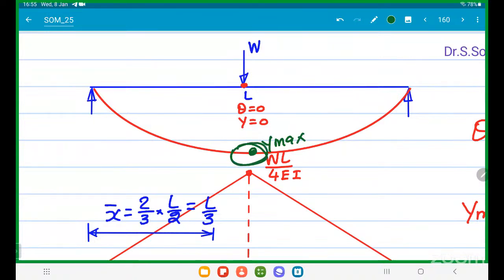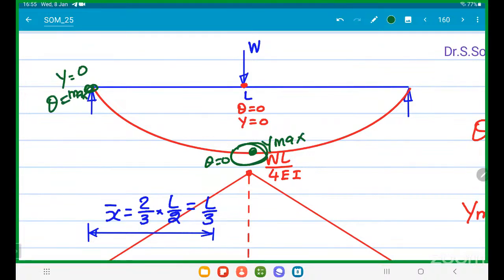Tell me. Quick answer, at least answer for this. 0. So theta equal to 0. Here, what is the deflection? 0, sir. What is the slope? Maximum, sir. This is the maximum slope.